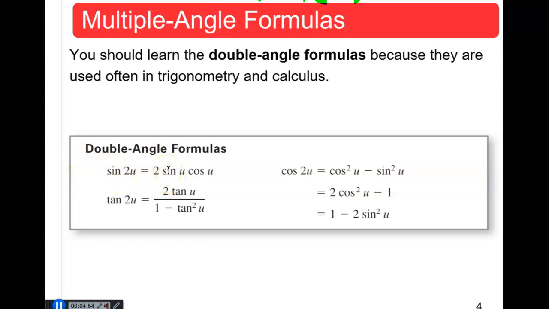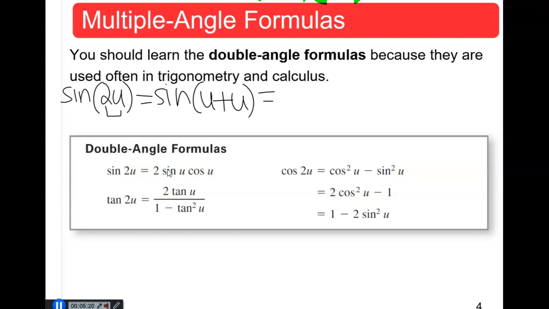So if we have sine of 2u, this is the same as saying sine of the sum or addition of two angles. They just happen to be the same, u plus u.